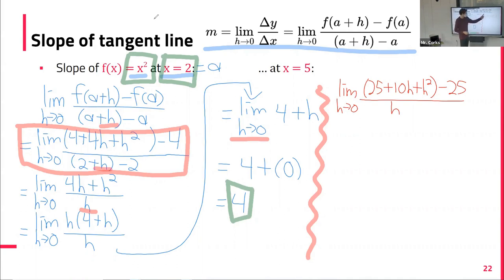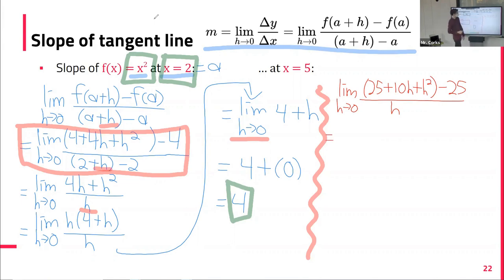Okay, so this is when x is equal to 5. We just did 5 plus h squared, and we expanded it like this. I looked at some examples of this in the workshop on Thursday last week. So if you want to see some more of that, you can look at that video, or I'll show you another thing in a moment, which will help simplify those.